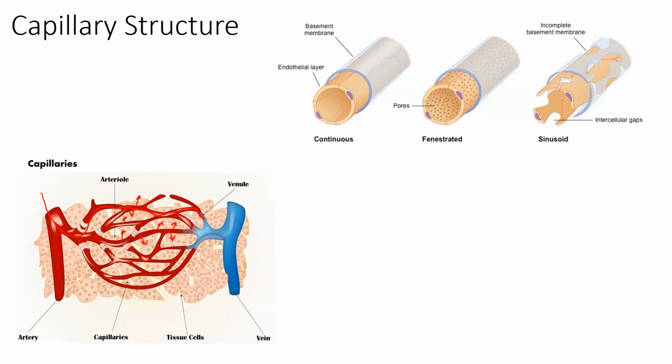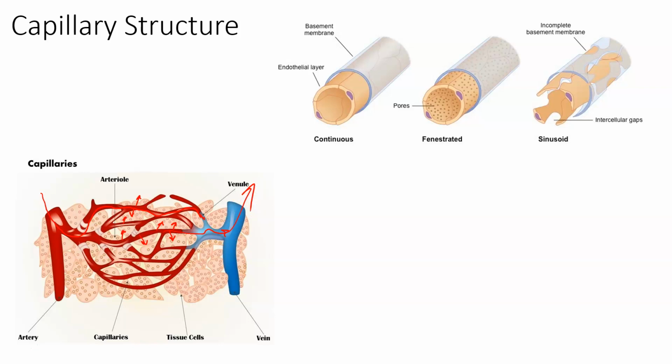If it's a waste product, urea, stuff like that, it's going to be diffused out of the cell. Carbon dioxide, another example, is going to be diffused out of the cell into the capillary bed. And then the capillaries are all going to converge into a vein in order to return that deoxygenated blood back to the heart.